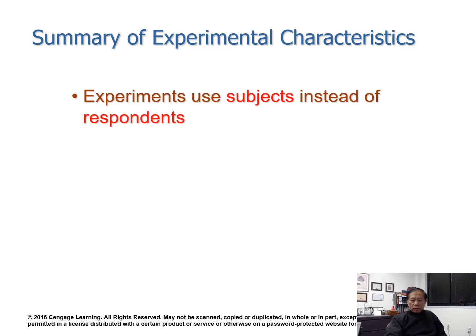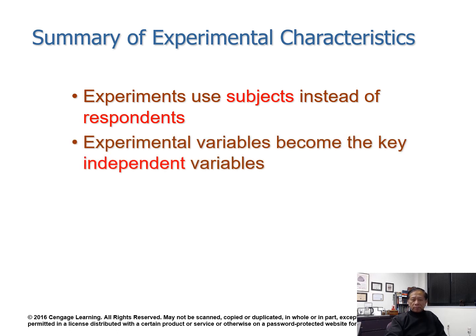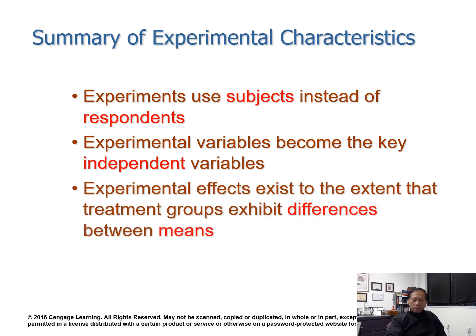Summary of experimental characteristics. Experiments use subjects instead of respondents. When we do a survey, we say we use respondents. When we conduct an experiment, we use subjects. Both are human beings. Experimental variables become the key independent variables.